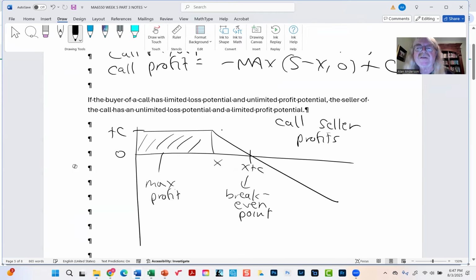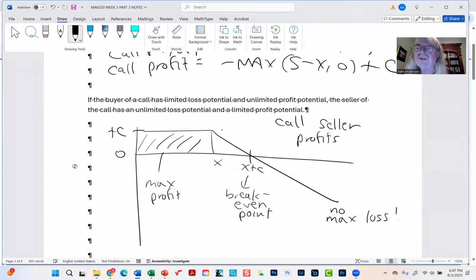So that's the call seller's profits. And what happened was it took the call buyer's profits and flipped it upside down. Okay, it's just literally upside down. And guess what? There's no maximum loss. Put an exclamation point there to drive that point home.